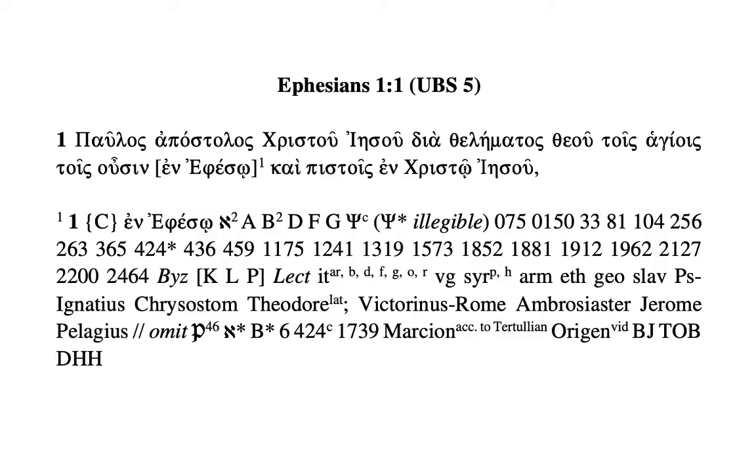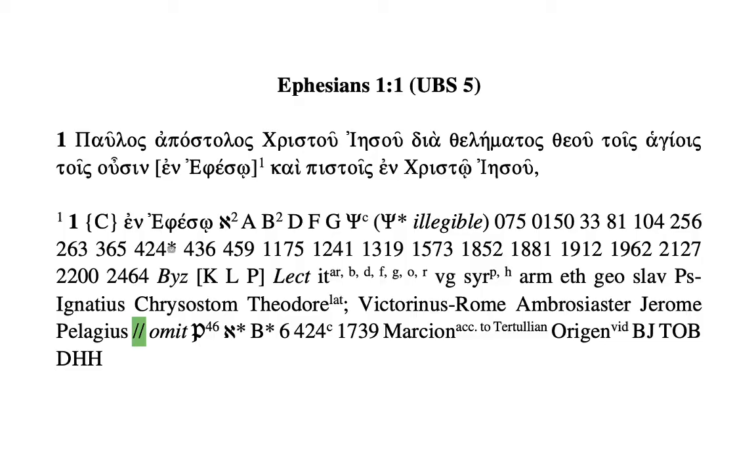Then we move to the Latin fathers, the Western fathers, Victorinus of Rome, Ambrosiaster, Jerome, and Pelagius. Those are all, again, in support of the inclusion of in Ephesus in the text. Then the double slash means we're moving to another reading within this variation unit, and there's only two in this case.